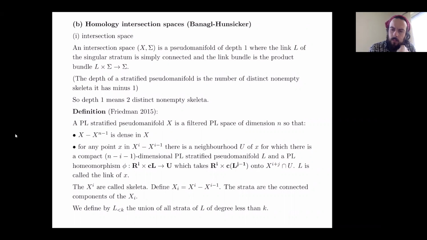Sina and I also computed suspensions, because the construction for cones generalized almost very directly to suspensions, and so we do have some results on suspensions.